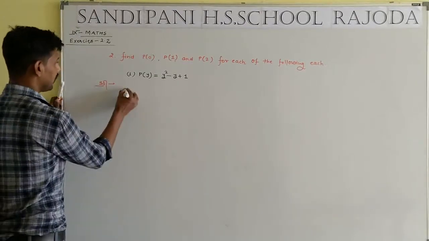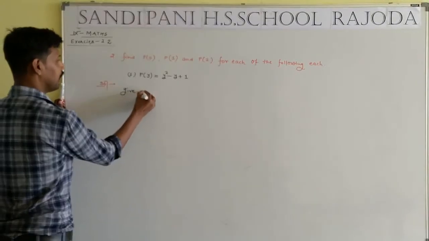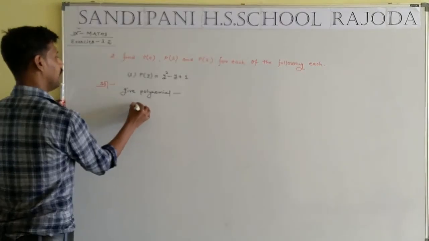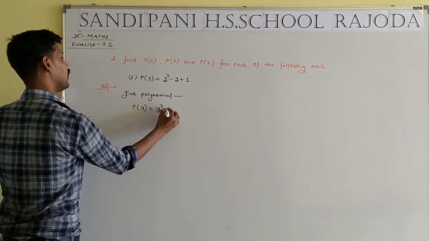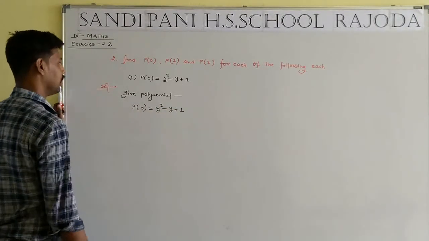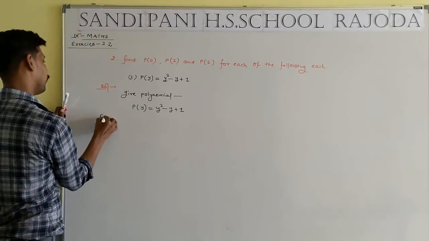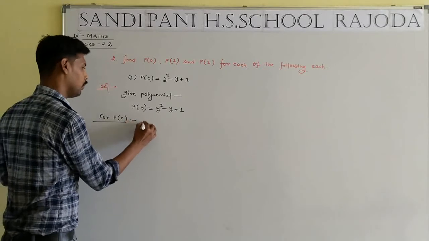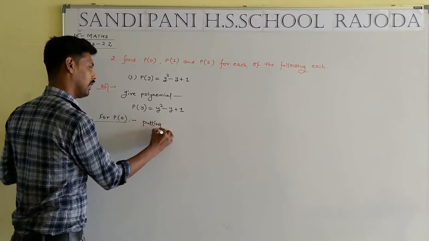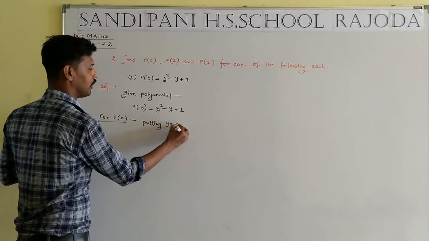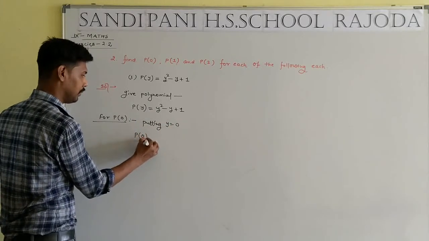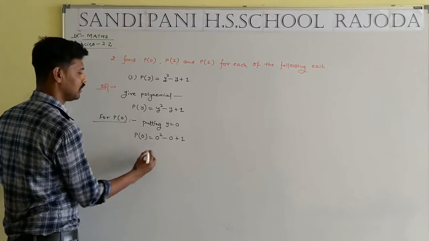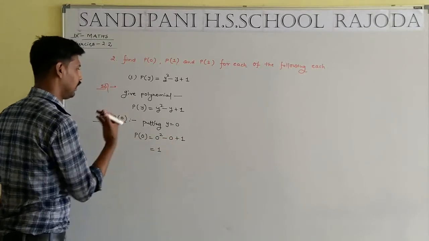Now the solution. The given polynomial is p(y) equal to y square minus y plus 1. For P(0), putting y equal to 0, P(0) will be equal to 0 square minus 0 plus 1. 0 minus 0 is 0, 0 plus 1 means 1.